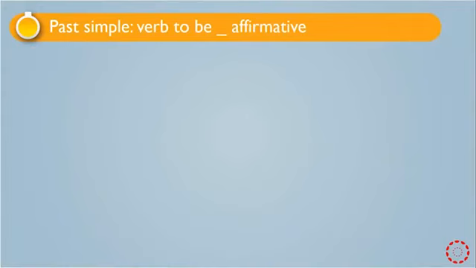Past simple, verb to be, the affirmative form. When the subject is she, he, it, or I, we use was with them plus complement. The past verb is was.